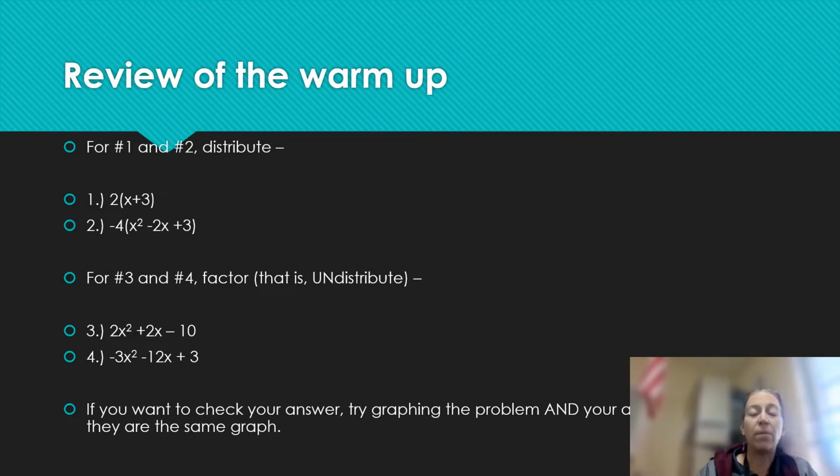Or if you can't stay after for tutoring, I need you to send me an email or post on Teams, tag me in your post, so that I know that it's there. It'll send me a little notification. And then specifically say when you did the warm-up on distribution and undistributing, which is factoring out a GCF, is the way we would normally talk about it, I need more review or more practice. Can we meet on Teams, or can you record a special video just for that?